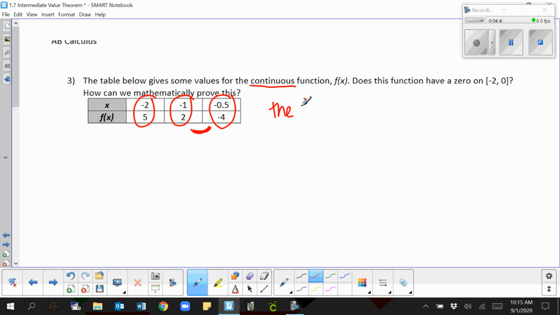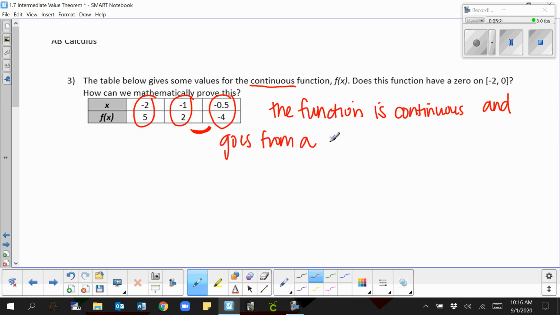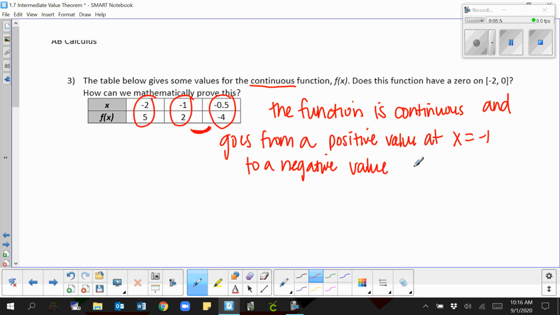So the function is continuous and goes from a positive value at x equals -1 to a negative value at x equals -0.5.